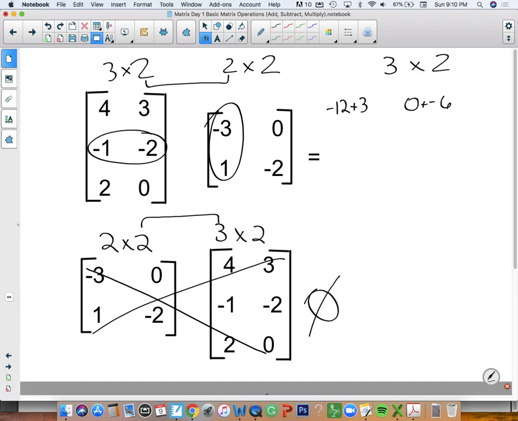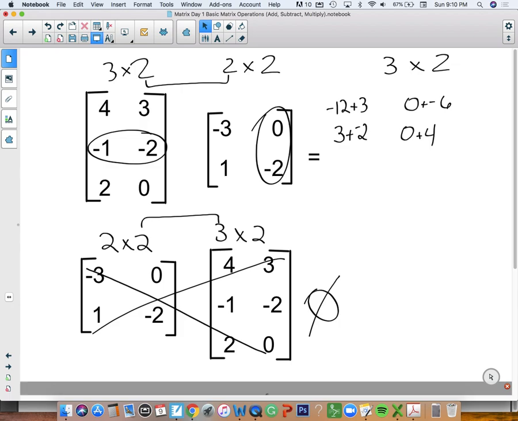All right, so hopefully you see the pattern now. So 1 times a negative 3, that's a 3, plus a negative 2. And then we move to the next column there. Negative 1 times 0, that's a 0. Negative 2 times negative 2 is 4. Okay, so we're done with that one.